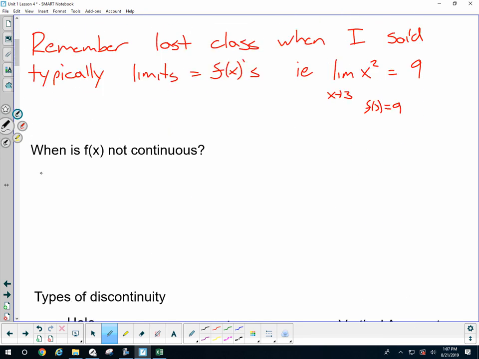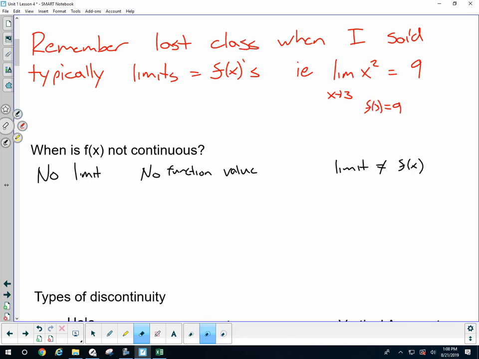Well, if there's no limit, if there is a limit but no function value, or if there's a limit and a function value but they don't equal each other. And instead of no function value, say no f(x).